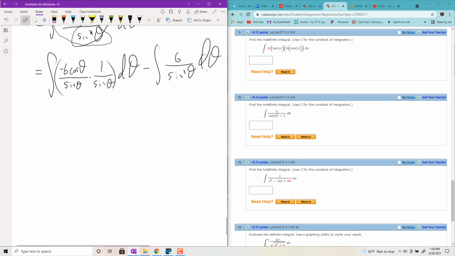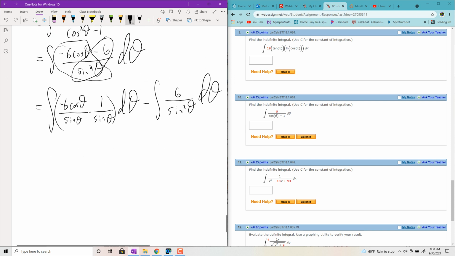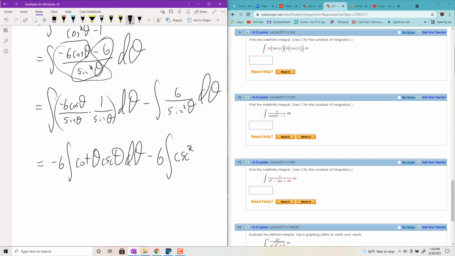Okay. So that first integral is going to be a cotan cosecant. So negative 6 integral cotan theta cosecant theta d theta, which we should know. That's just the derivative of cosecant. And then this other integral, 1 over sine squared is cosecant squared, which is another integral we should know.